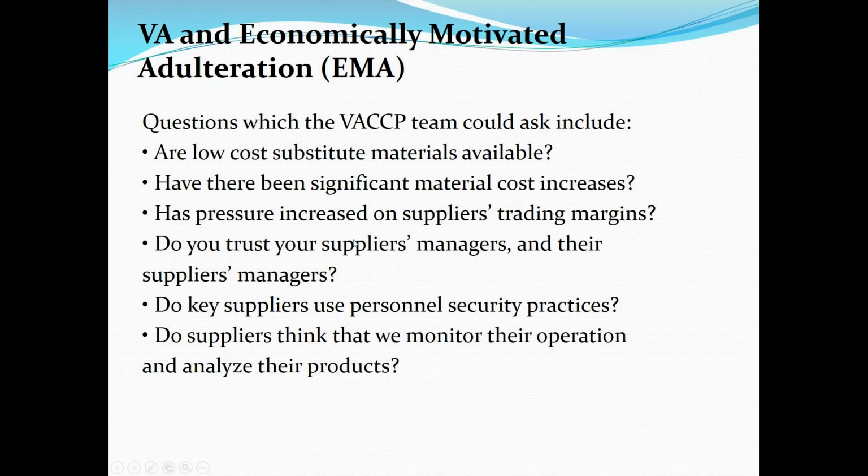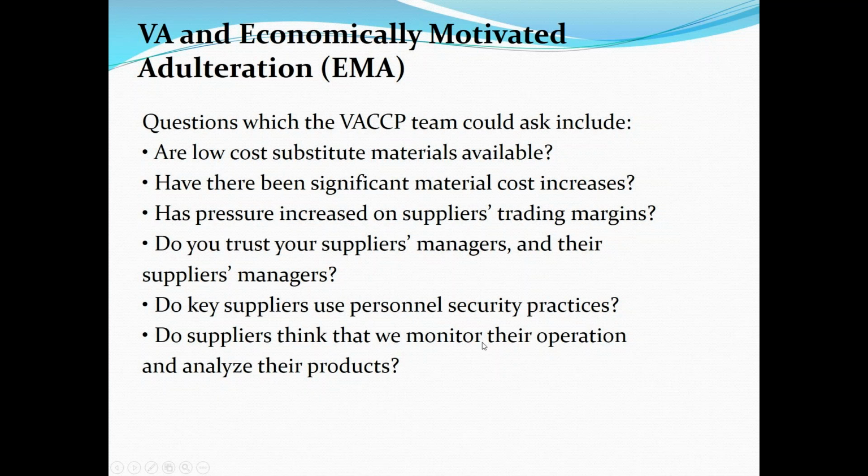And the other question is, do you actually trust your suppliers, managers, and their managers? Those are not actually persons, but whoever manages suppliers and the managers who manage suppliers. That kind of question you should ask yourself. Do these key suppliers use personnel security practices?